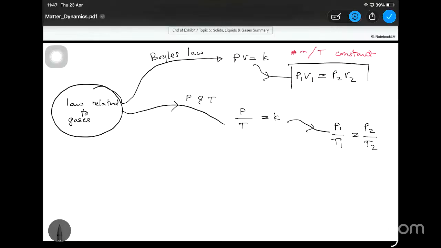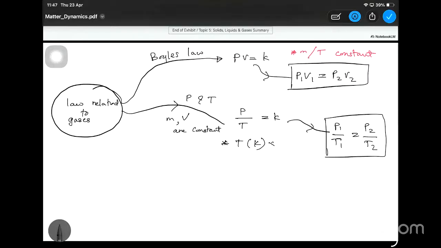These are the equations that we are going to use for the calculations. In order to use this, mass and volume are constant, right? And the important point is that temperature must be given in Kelvin.